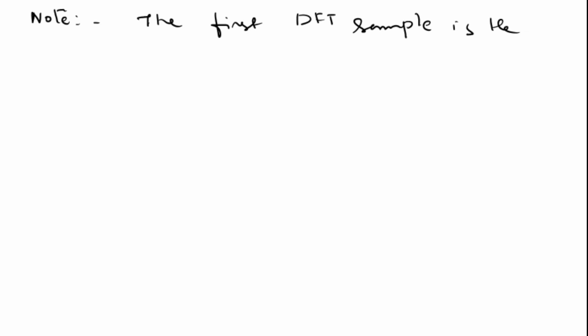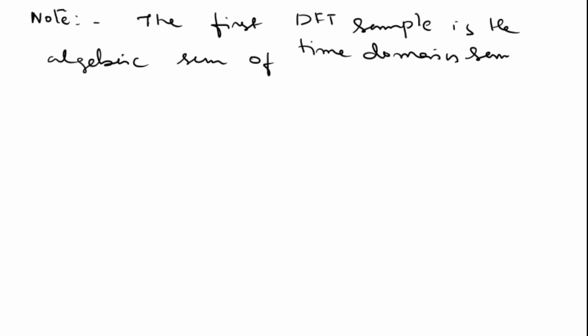So we can note one point here. In the previous problem, the first DFT sample, whatever the answer we got, is the algebraic sum of the time domain samples. That means the given samples. We have to add them and we will get the answer.